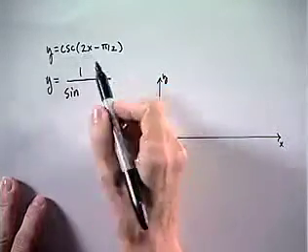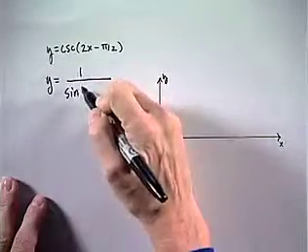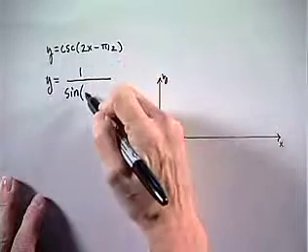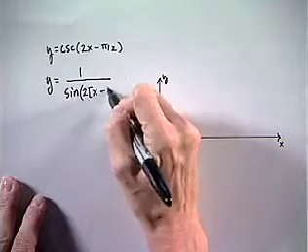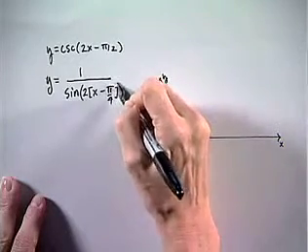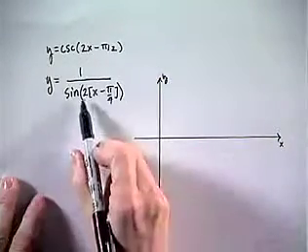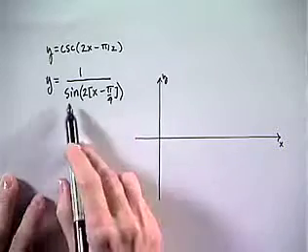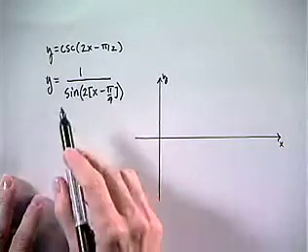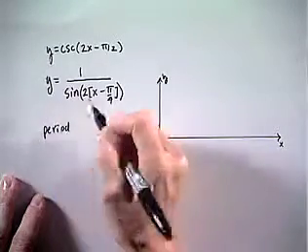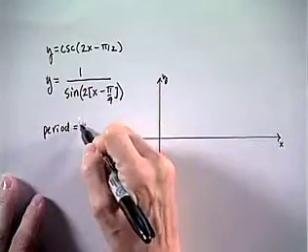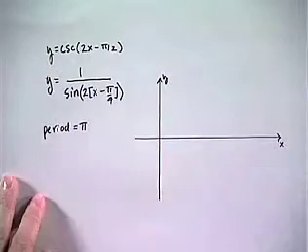Now I want to factor a 2 from the parentheses here, so I have sine of 2 times x minus pi over 4. That helps me because considering the graph of the sine, I can now see that the sine function's period is 2 pi over 2, or pi, so the period of this function is going to be pi.